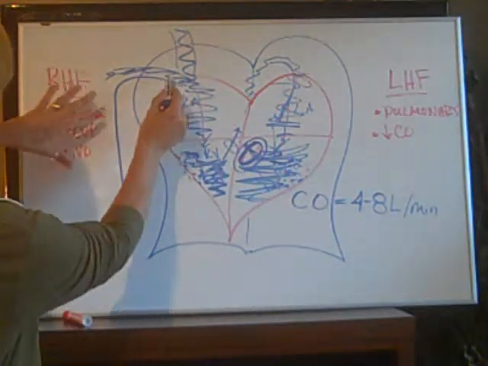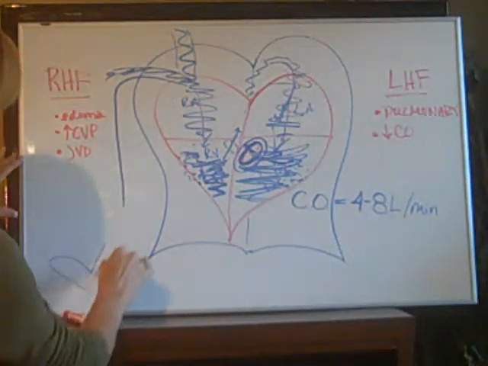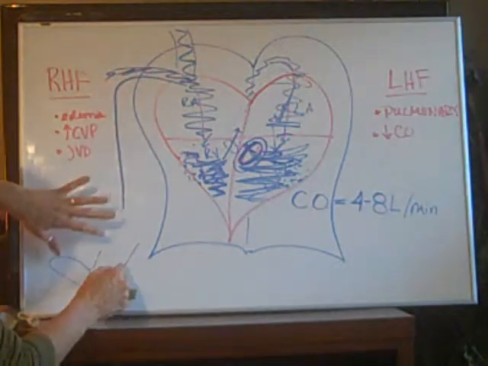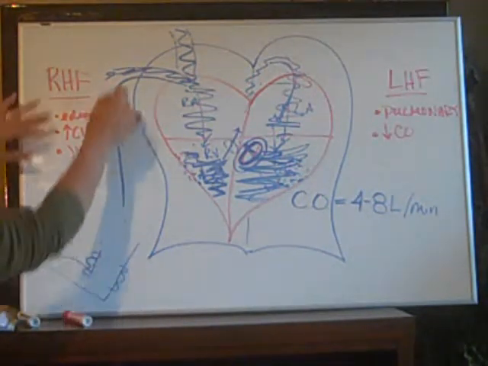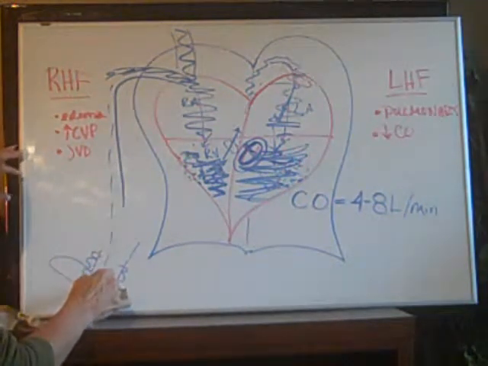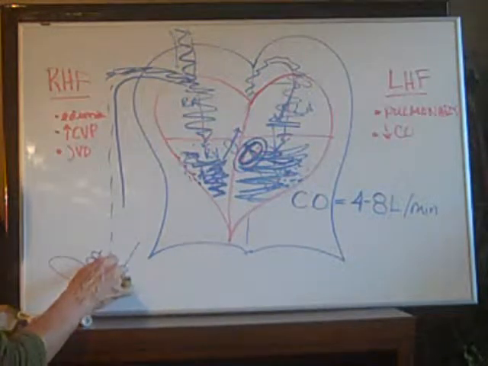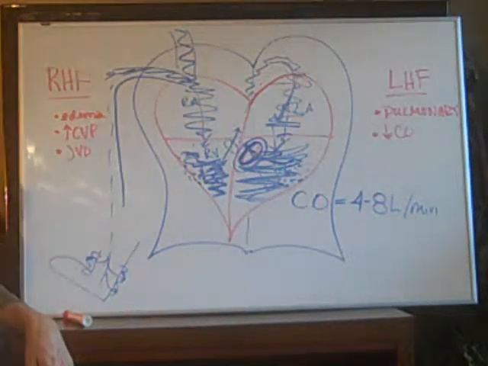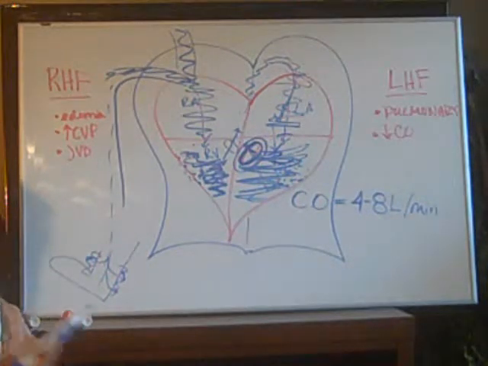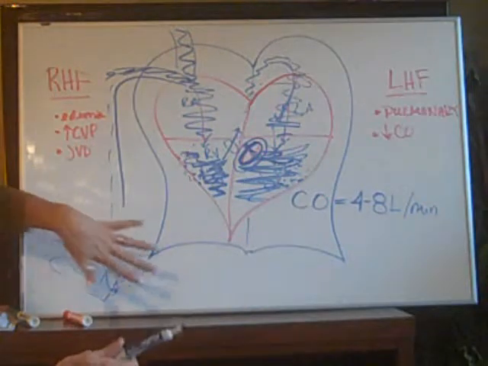And the other thing is when all of this starts backing up, that's when you're going to start seeing peripheral problems. Down here on the right side of the heart, you're going to see peripheral edema, because pretty soon it's going to keep backing up, and the easiest place for it to go is to start leaving the vascular space, going into the interstitial spaces, leading to peripheral edema.